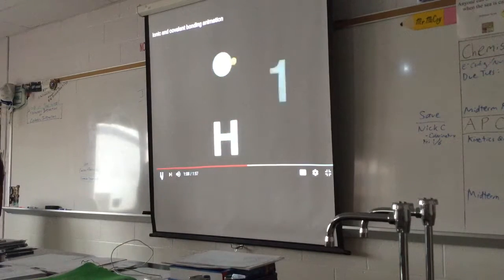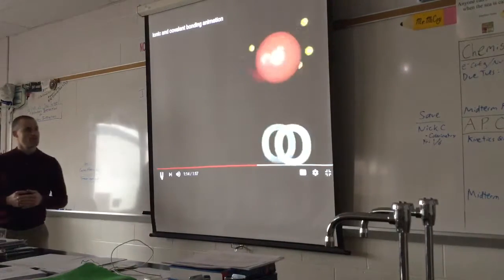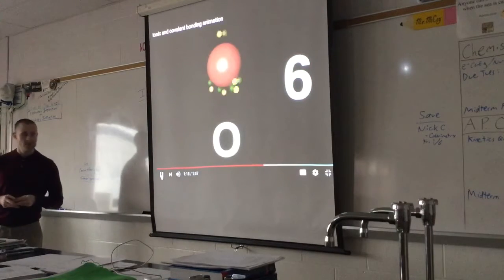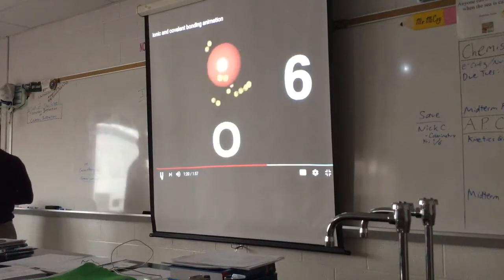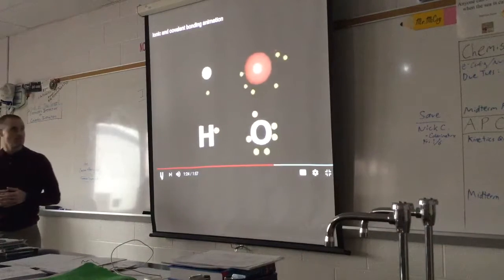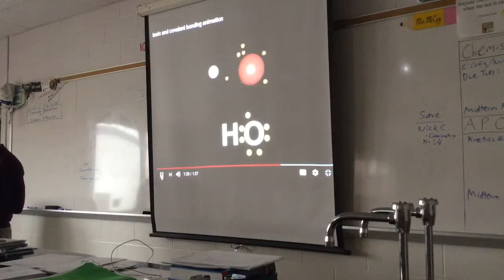A hydrogen atom with 1 valence electron needs 1 additional electron to complete the first energy level. An oxygen atom has 6 valence electrons and needs 2 additional electrons to complete the second energy level. As the oxygen and hydrogen atoms collide, covalent bonding is accomplished by the sharing of electrons.